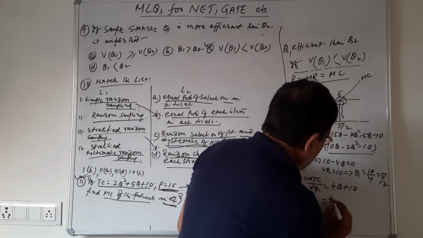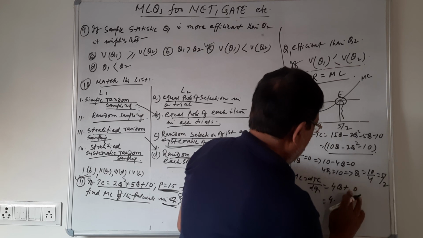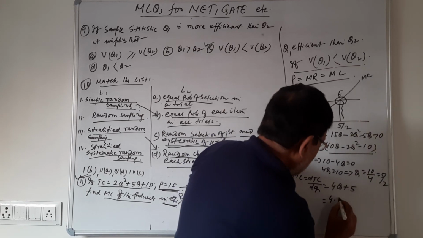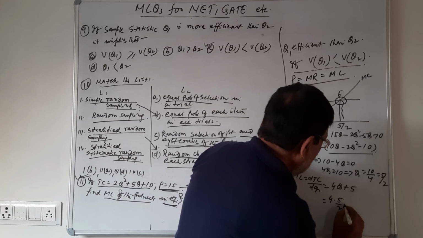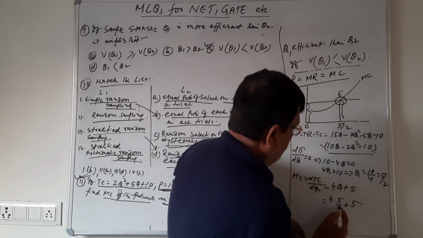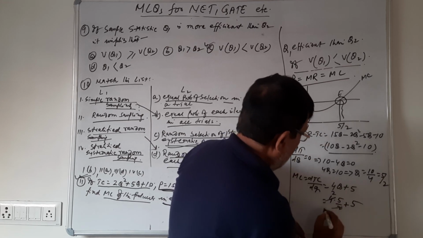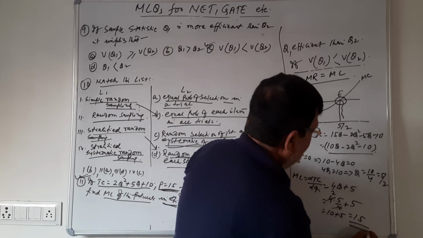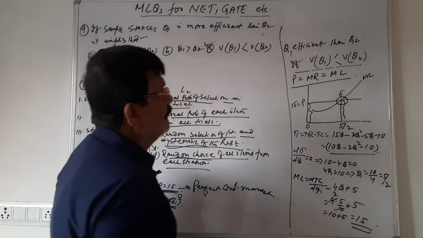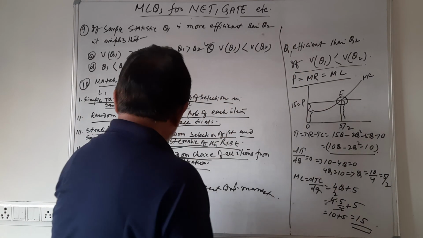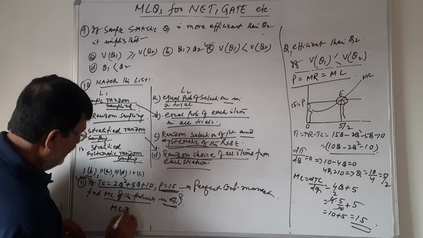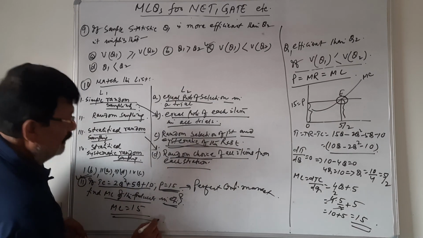So 4 into 5 by 2 plus 5. This is 10 plus 5, and 15. So in the equilibrium, the marginal cost of the producer would be 15.